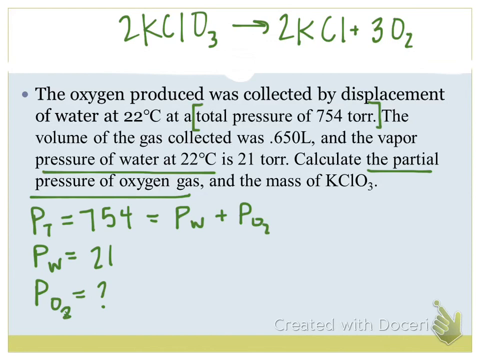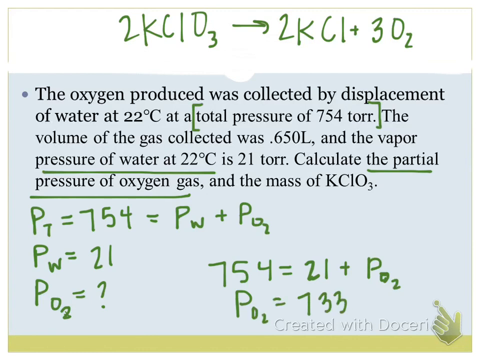So 754 equals 21 plus pressure of O2. And then that's it. So we take 754 minus 21, and we get the pressure of oxygen is 733 torr.